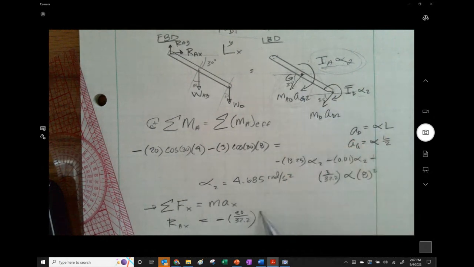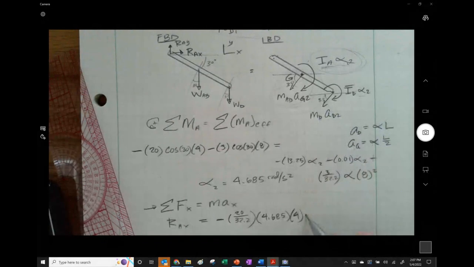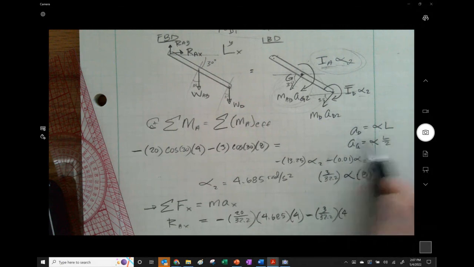So this is going to be that alpha, 4.685 times L over 2, 4. And then we also need this; its x component is going to be 3 over 32.2, and its acceleration is that alpha, is that an 8? That's an 8, times 8.